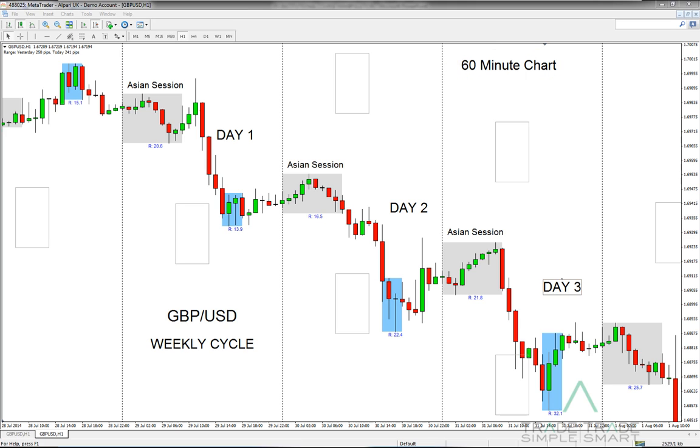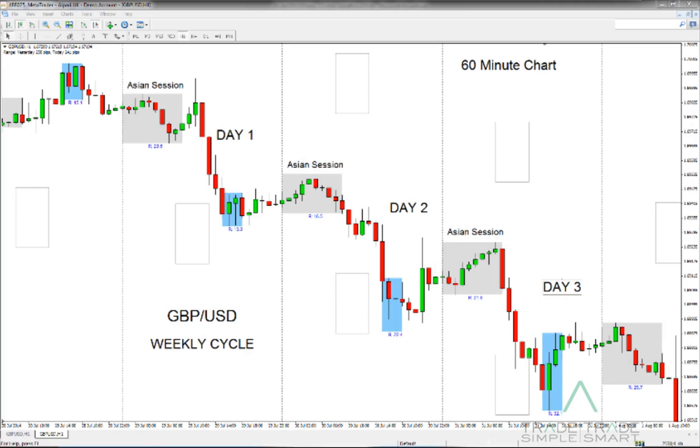Okay, so we're going to be looking at the 1-hour chart to identify the longer term weekly cycle, and then we're going to be using the 15-minute chart to identify manipulation points in line with the direction of the weekly trend, and then we'll be executing trades on the intraday trend in line with the smart money cycle.